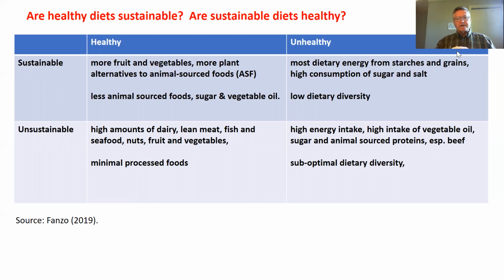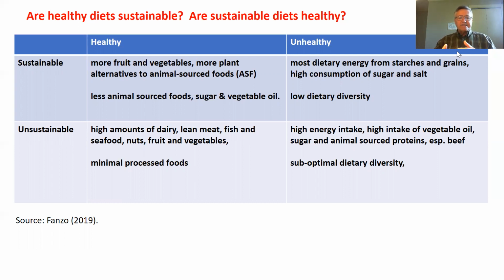So there are more and more things like oat milk and almond milk, which are substituting for dairy products. What are the plant alternatives to meat? We're seeing more and more things like lentils in our diets, but also products which look more like meat that are plant-based. And having less animal source foods, less sugars, and less vegetable oils. Also things which are good for us and also have a lower footprint on the environment.